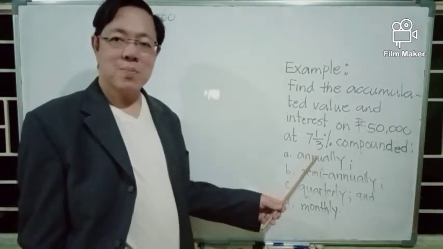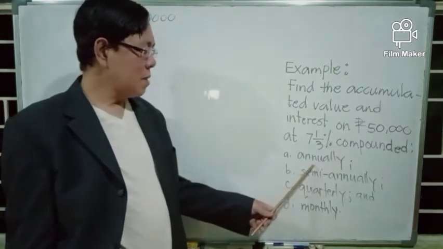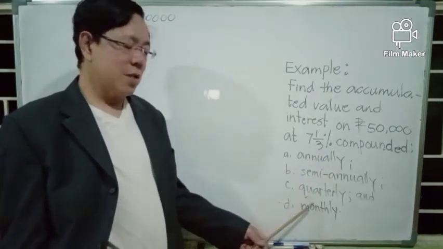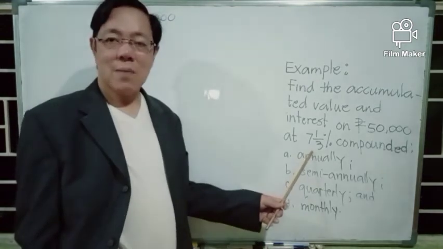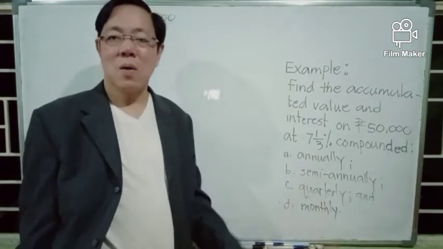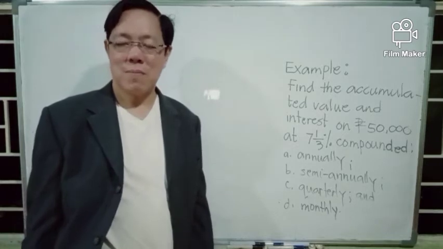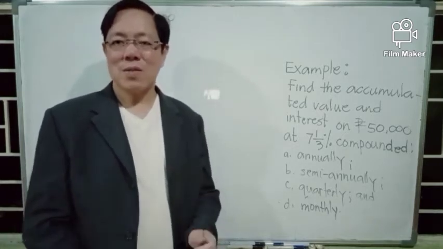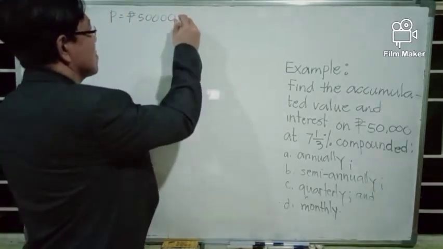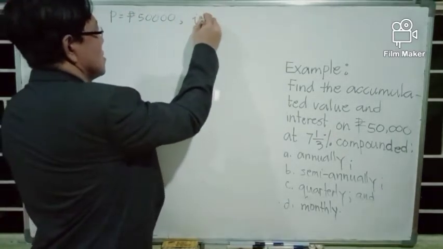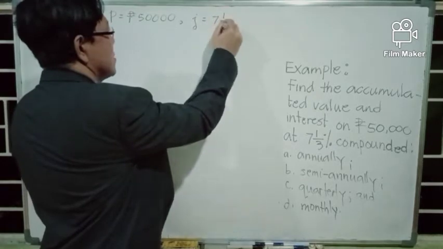Since 7 1/3% is compounded annually, semi-annually, quarterly, and monthly, we take 7 1/3% as the compound interest rate. The compound interest rate is denoted by small j. Small j is 7 1/3%.